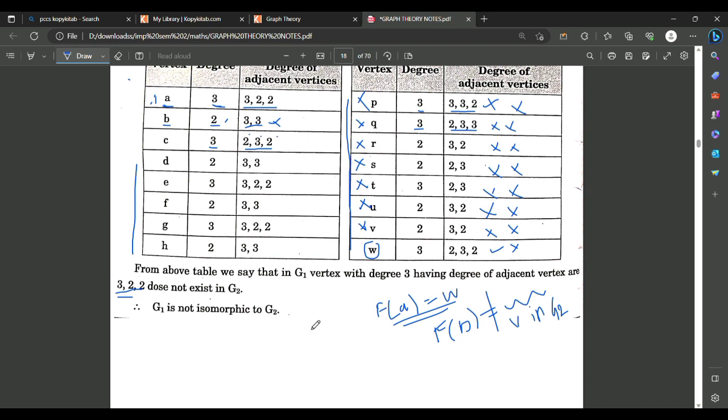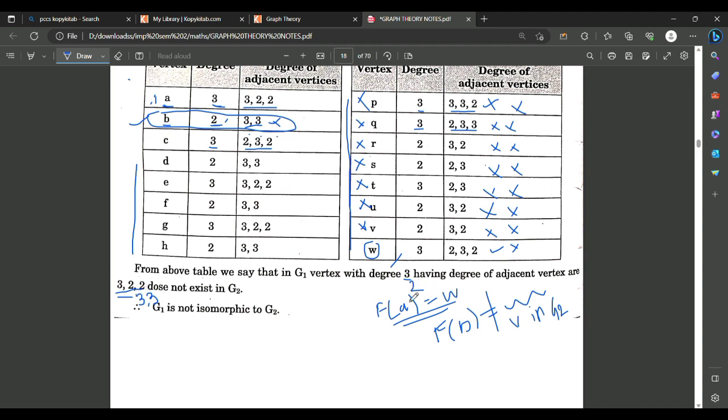We can also write from the above table that a G1 vertex with degree 2 having adjacent vertices of degrees 3, 3 does not exist in G2 for B. But here it is only given for A, that is degree 3 and 3, 2, 2.